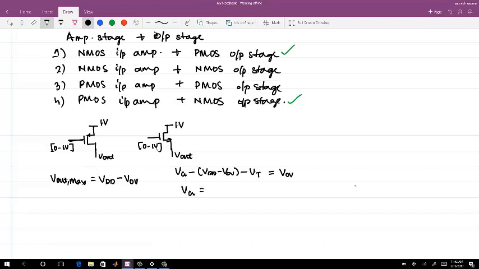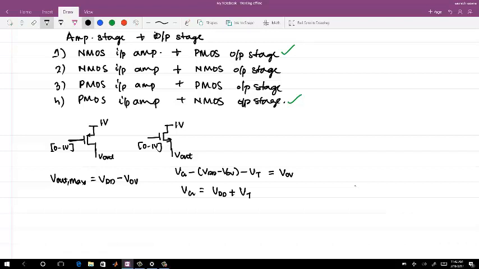Which is VG equals VDD minus 2V overdrive, tell me if I'm wrong any place. I'm finding the gate voltage.